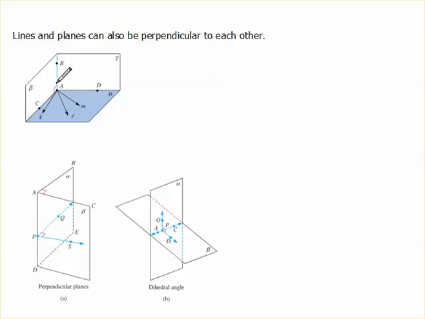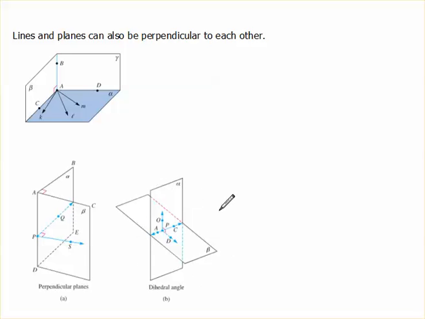Anytime we have a line that forms a 90-degree angle with a plane, then that would also be perpendicular. And in fact, here our planes are perpendicular, and here's another shot of it. We have perpendicular planes whenever every single line in there forms 90-degree angles.